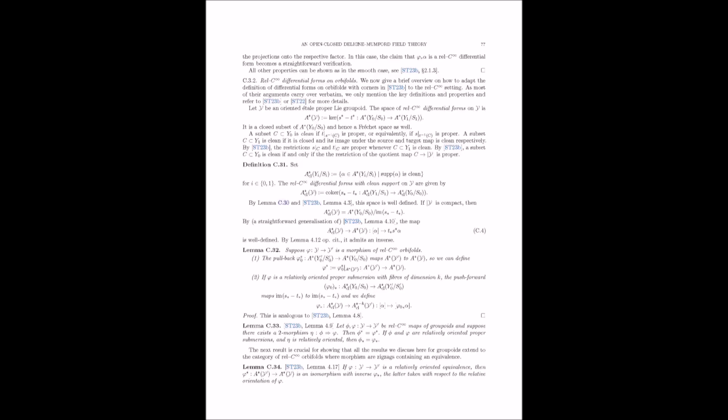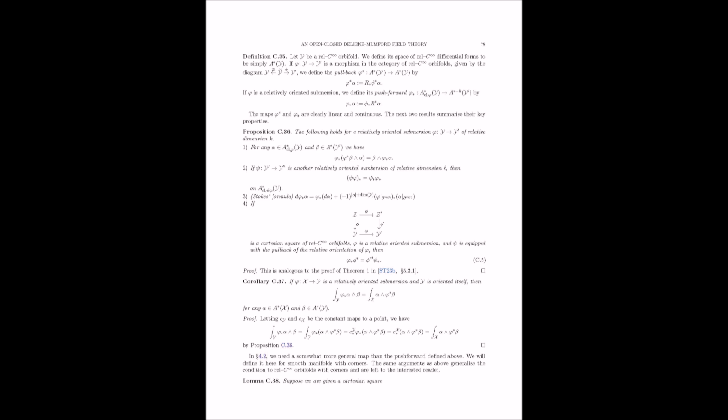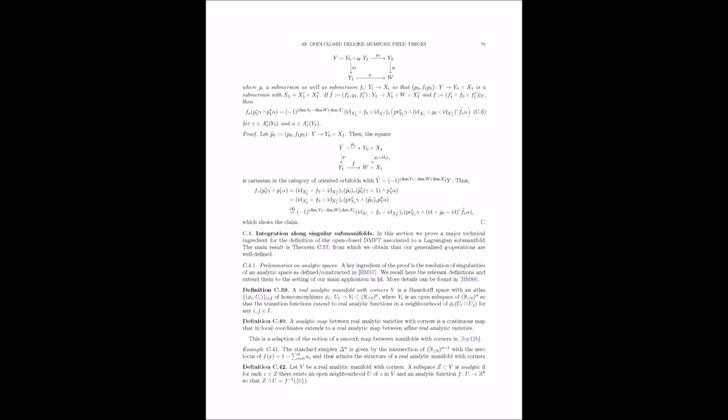Okay, this is starting to make a lot more sense, but let's bring it back to the big picture. Deligne-Mumford field theory. How does everything we've talked about connect to that? Right, so Deligne-Mumford field theory is this big framework for studying enumerative geometry problems, specifically in Gromov-Witten theory, which is all about counting curves in symplectic manifolds.